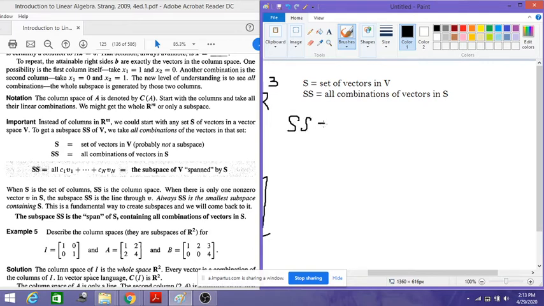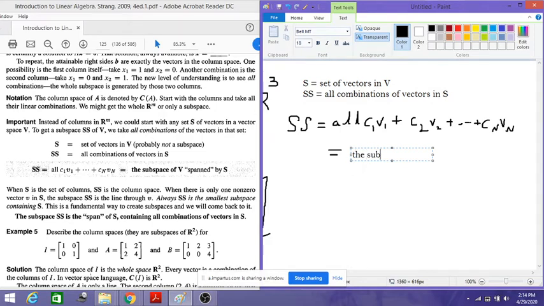SS is equal to all combinations, that is C1 times V1 plus C2 times V2 plus up to Cn times Vn, which is equal to the subspace of V spanned by S, which is nothing but the subspace.